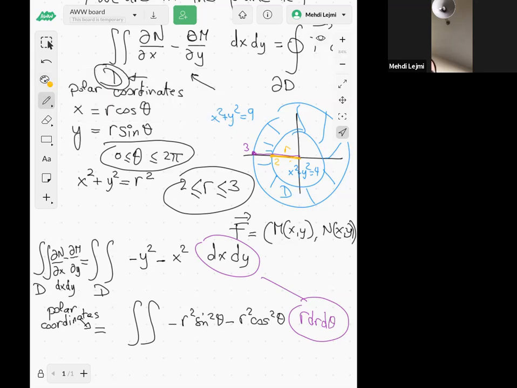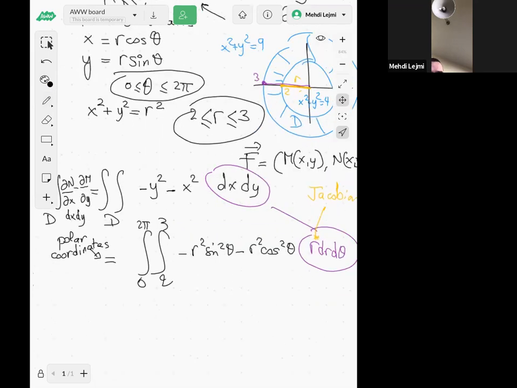Don't forget the Jacobian when you change coordinates. Of course, r is between 2 and 3, and theta between 0 and 2 pi. Sine squared plus cosine squared is 1, so this is just minus r cubed dr d theta.